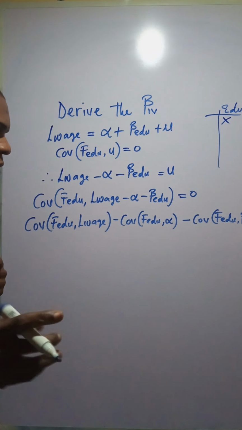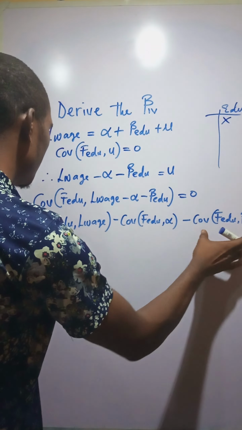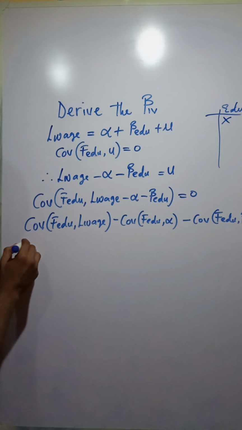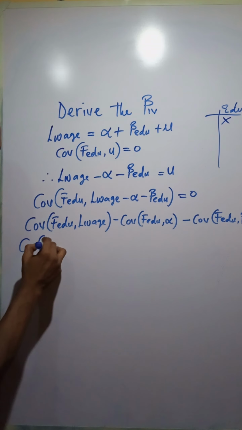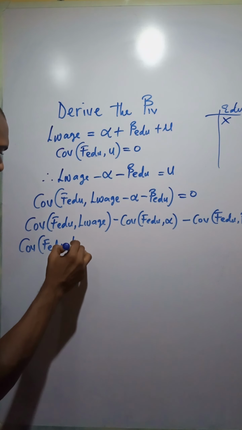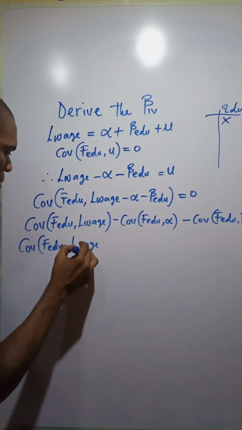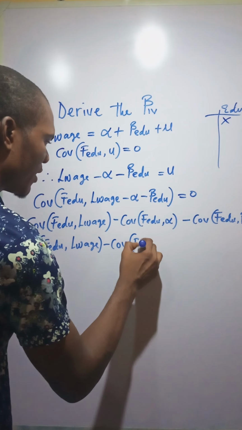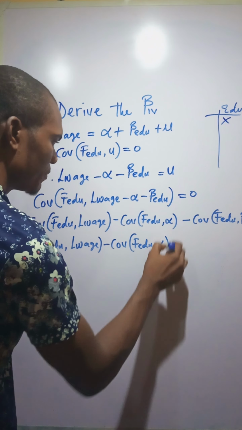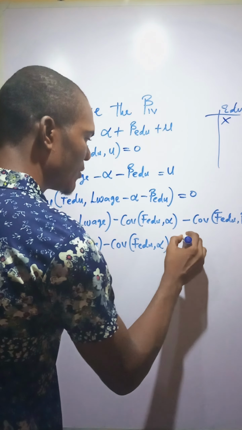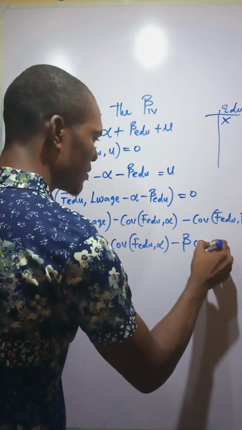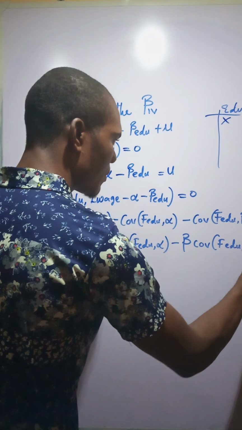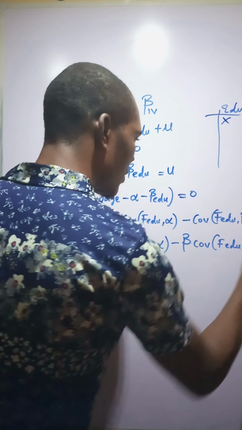All right, now recall also the property of the instrumental variable. So you have covariance father education labor wage, minus covariance father education alpha, minus your beta covariance father education, equal to 0.